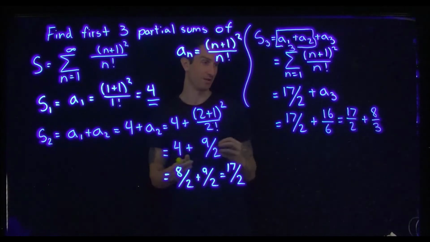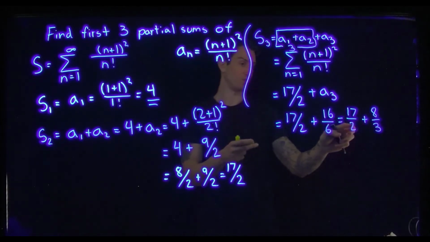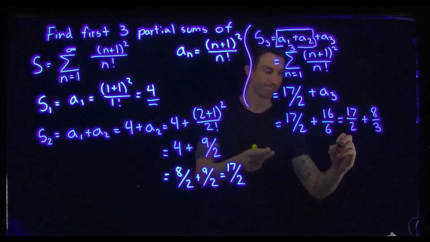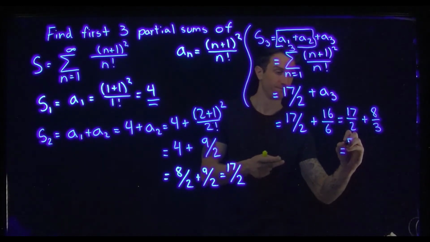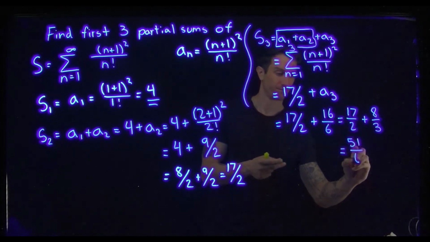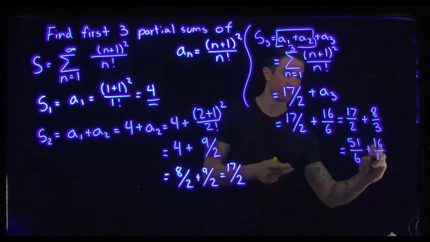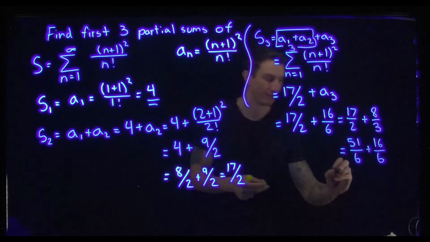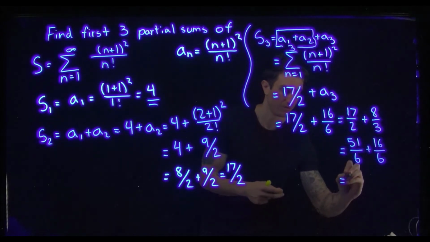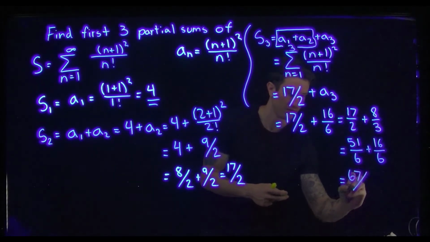Finding a common denominator. We have to multiply 17 over 2 by 3, which means we have to multiply this one by 2. So finally, after everything's said and done, our third partial sum is 67 over 6.